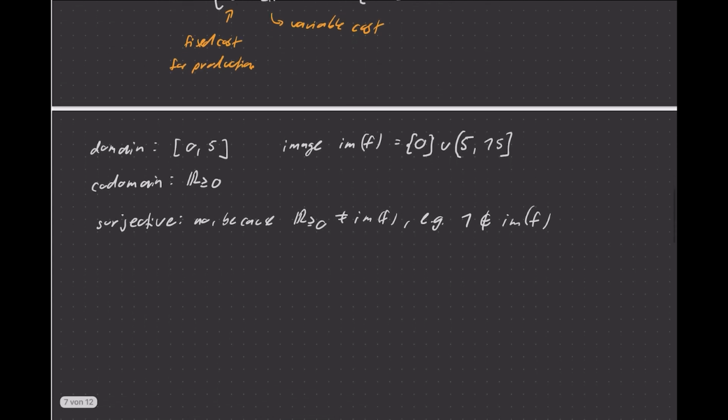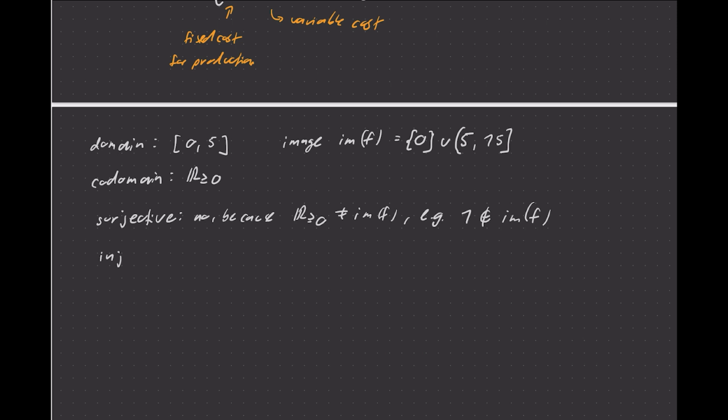Now, what about injectivity? Are there function values that are assumed more than once? And again, the answer is no. And let's see if we can prove this formally. So the function is injective. Okay, let's see. We start with two function inputs that are in the domain.